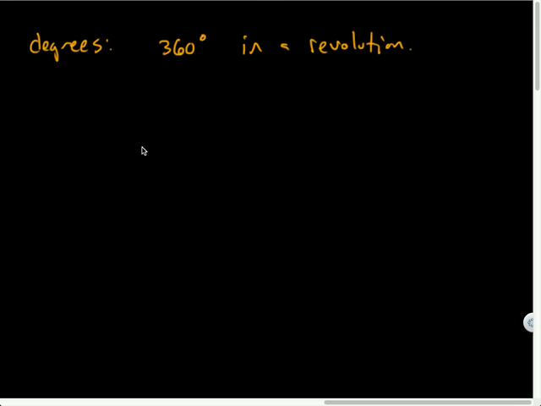And it turns out that if I take a degree and divide it into 60 parts, 1/60th of a degree is equal to 1 minute. That's like a little apostrophe, I guess. And if I take a minute and divide it into 60, I'll get a second.